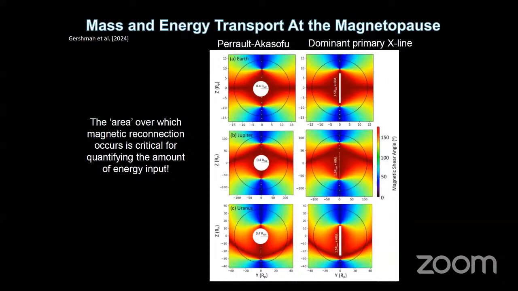And then if you scale that at the different planets, you'll get a completely different result. For example, at Jupiter you'll get a much smaller area, and at Uranus you'll get a larger area than you might predict based on just scaling things from Earth, without trying to model the fact that this is magnetic reconnection, and we roughly know how that might occur.